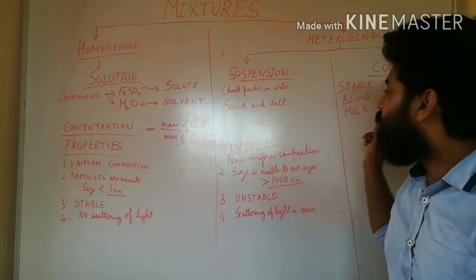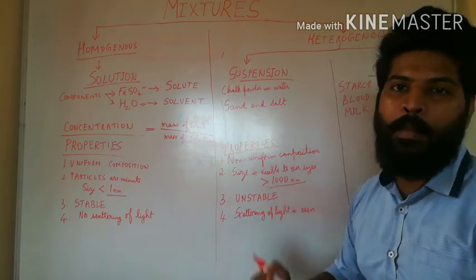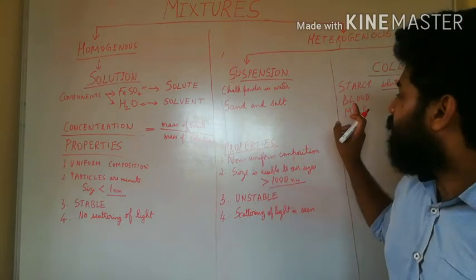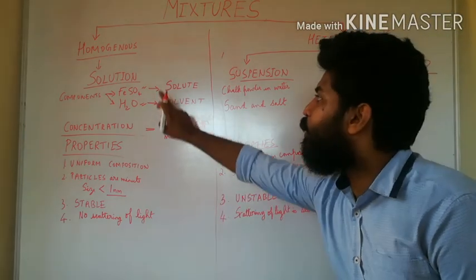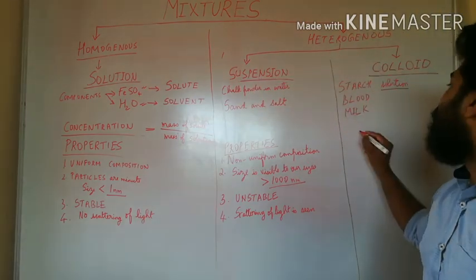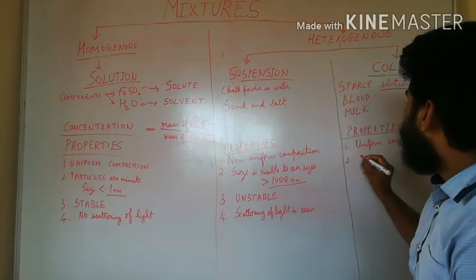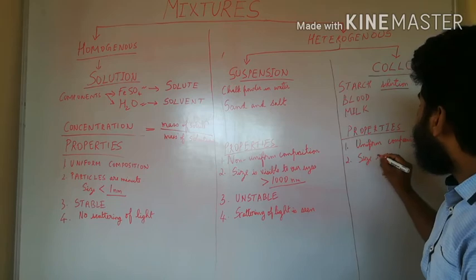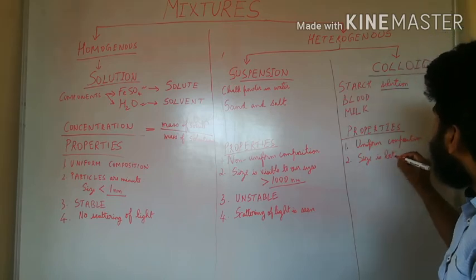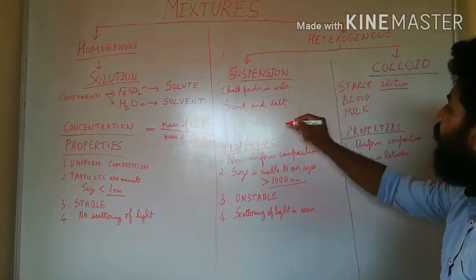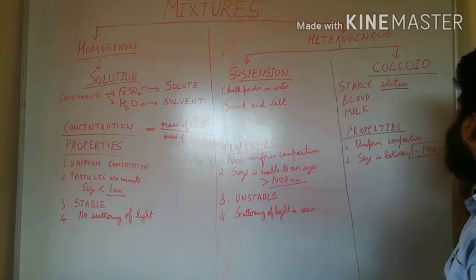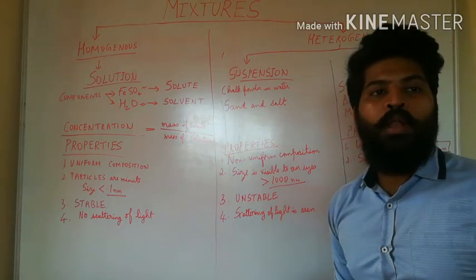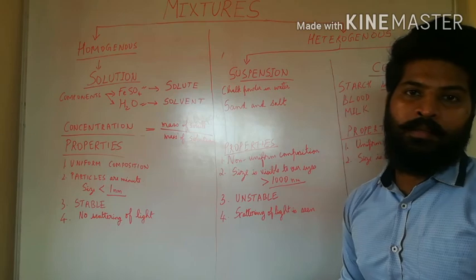The answer lies in the property of the particles, because the size of the particles is between that of a solution and suspension, that is, between 1 to 1000 nanometer. Not too small, not too big.